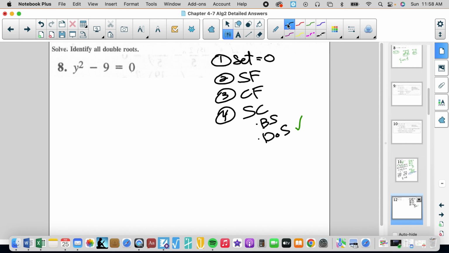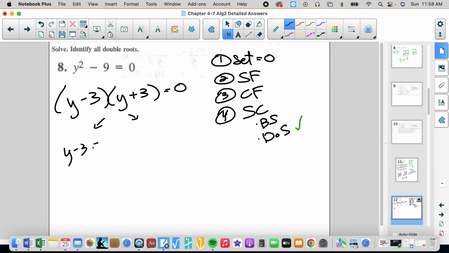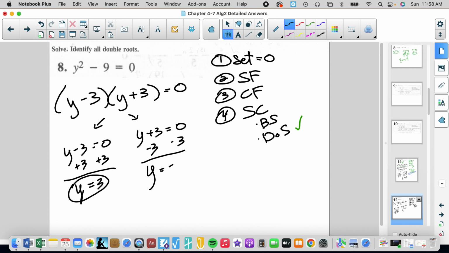So that is going to create conjugates. Y minus 3, y plus 3 equals 0. Set each equal to 0. And we get y equals 3, y equals negative 3.